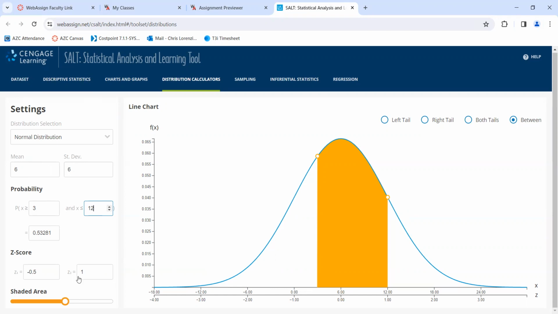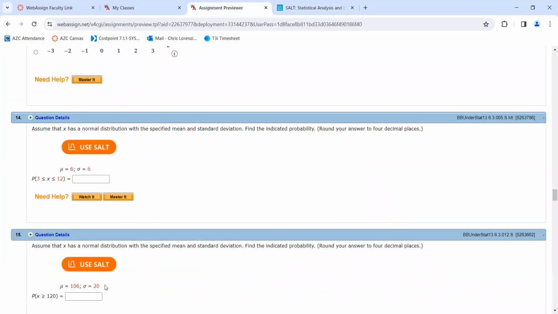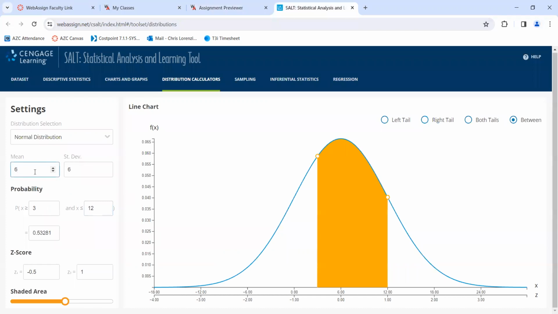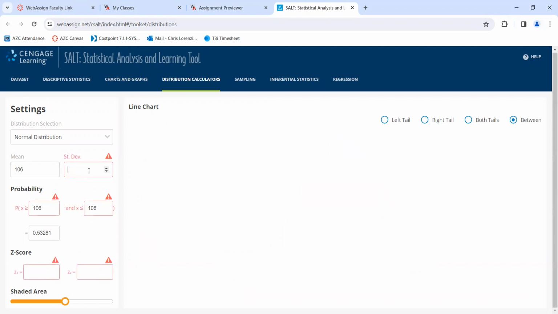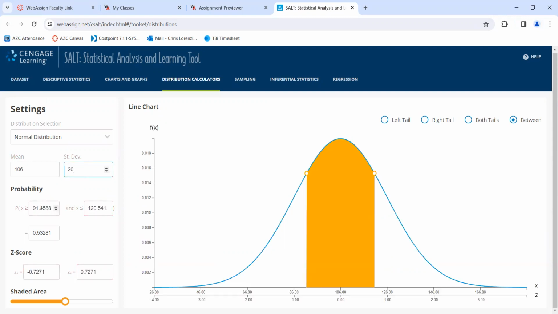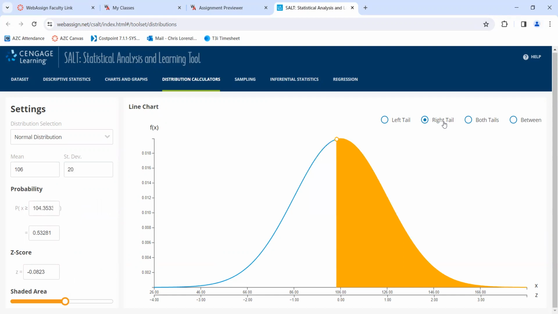The next one said, with a mean of 106 and a standard deviation of 20, what's the probability x is greater than 120? So we would go back and do the same thing. We would update our mean. We would update our standard deviation. And then instead of looking at between, we are looking at the probability that x is greater than a specific value. So we're going to end up putting in right-tailed, because that's going to give me the appropriate area underneath the curve that I want.